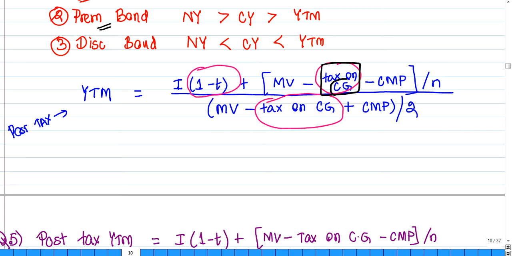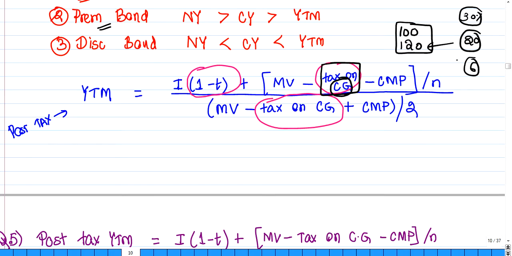Tax on capital gain, okay, not on full gain, not on maturity value, only the gain. If the purchase cost is 100, you sold at 120, not charged on 120, only 20. This is the gain. Let's say 30% is capital gain tax, so 20 into 30%, it will come to 6. This is the tax on capital gain.